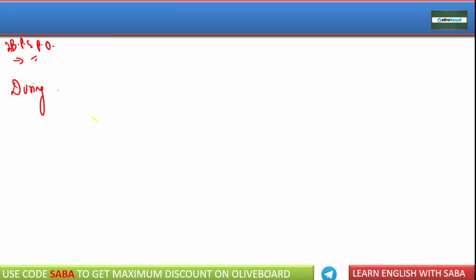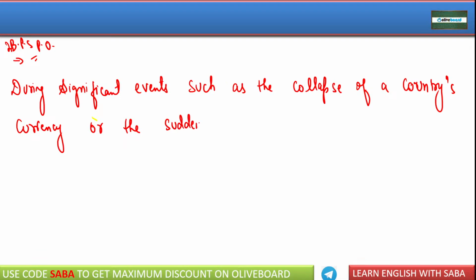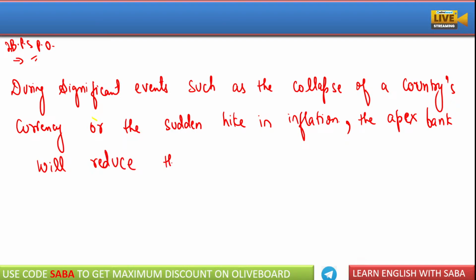The sentence is, during significant events such as the collapse of a country's currency or the sudden hike in inflation, the Bank, Apex Bank, you know, will reduce the policy rates. Is it correct?